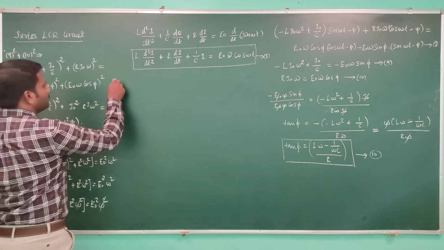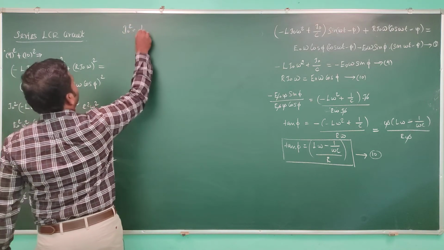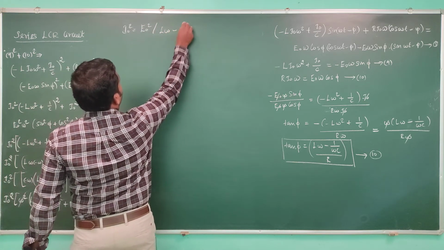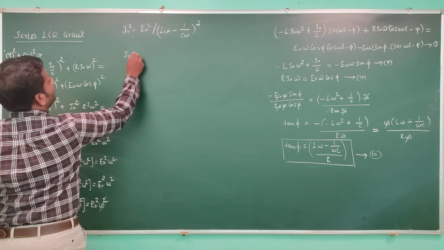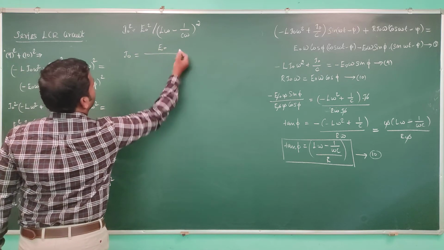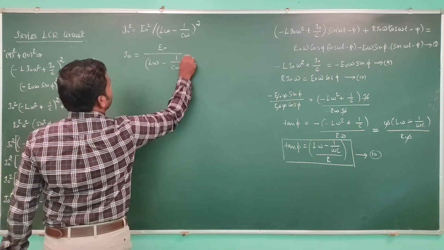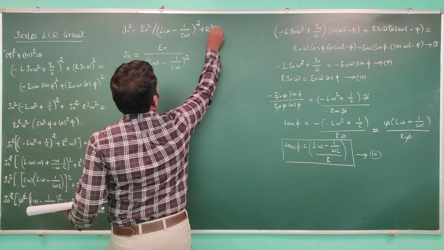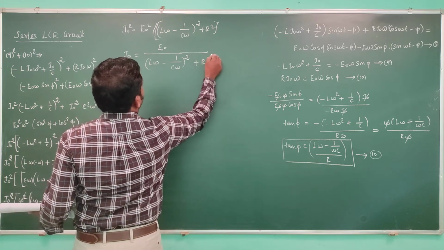So what's remaining? Rewrite this equation in terms of I naught square, which is E naught square divided by L omega minus 1 over C omega the whole square plus r square, or I naught, which is equal to E naught by the square root of L omega minus 1 over C omega the whole square, so that here also plus r square.